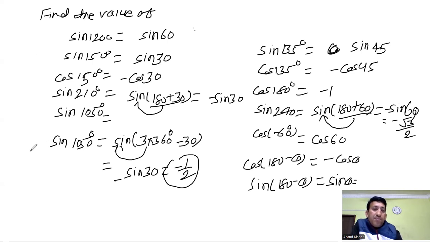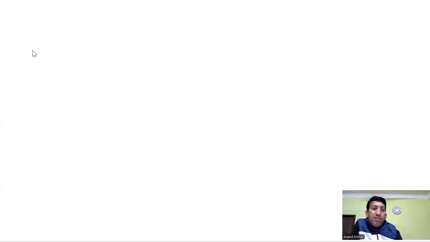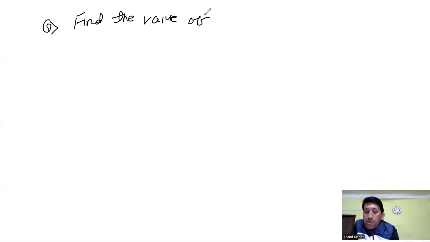Okay. Now we are giving some examples in radian. First I will erase this. Find the value of: first, sine 2 pi by 3. Second, sine 3 pi by 4.